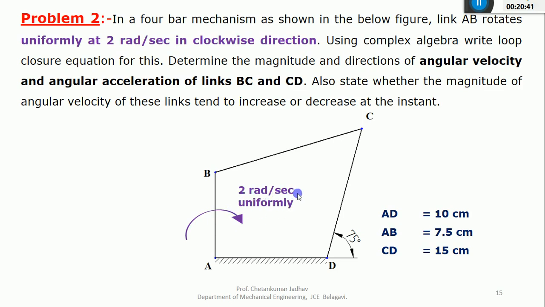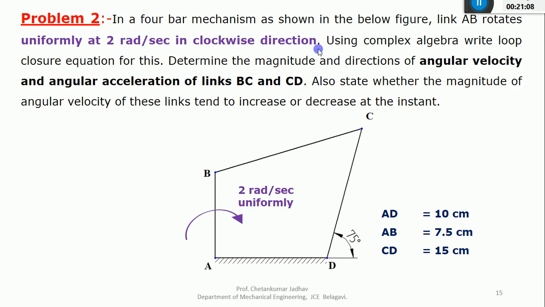As you know, this is the unit of angular velocity omega. Uniform means it is constant. Again for the next second it is 2 radians, because it is given 2 radian per second uniformly. There is no change in this angular velocity. If it is not mentioned as uniformly, it may change.